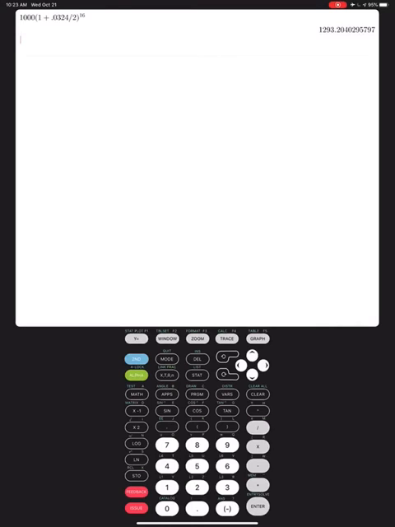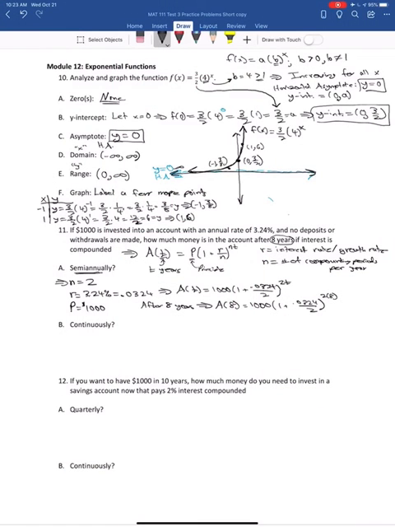So that's approximately $1,293.20, going to the nearest hundredth. So there it is: the amount of money in 8 years, compounded semi-annually at an interest rate of 3.24%.